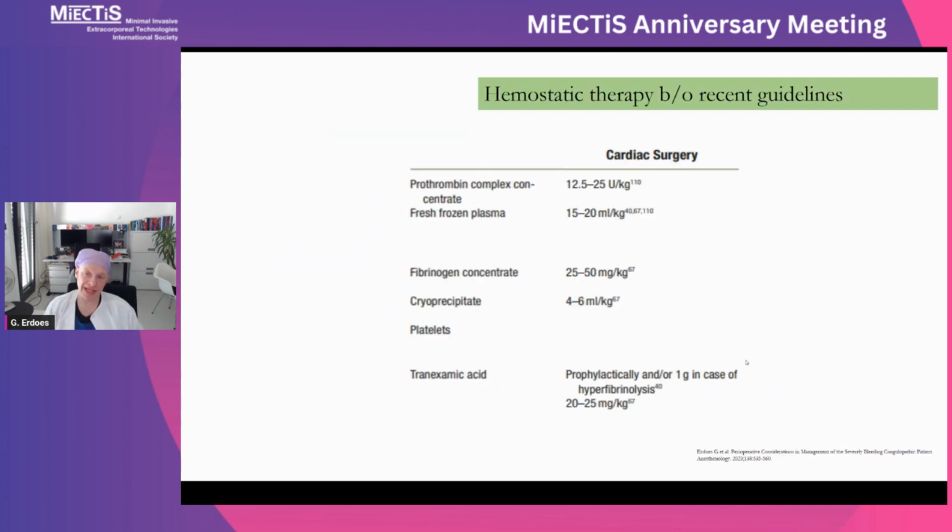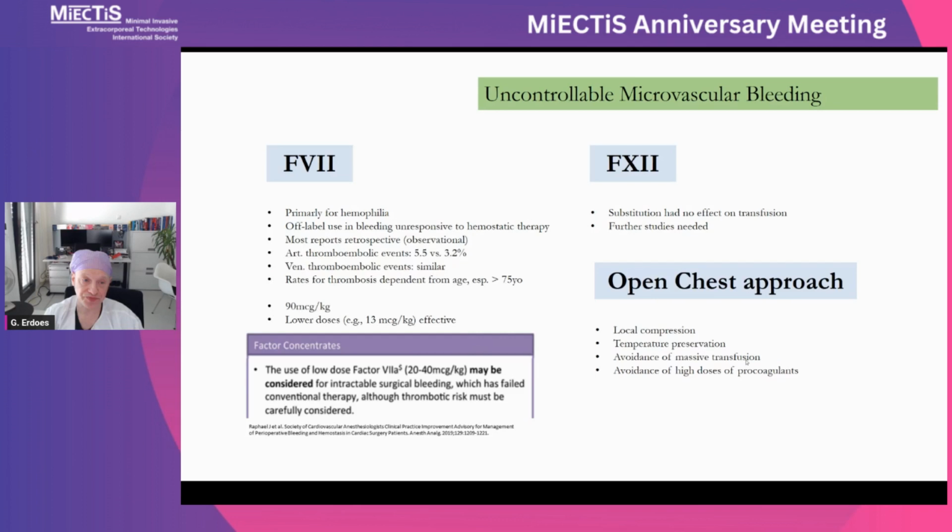So based on recent guidelines, we did a review and published it in Anesthesiology, stating how much dose should be given from different drugs. This is just a summary to show you. What about factor 7?